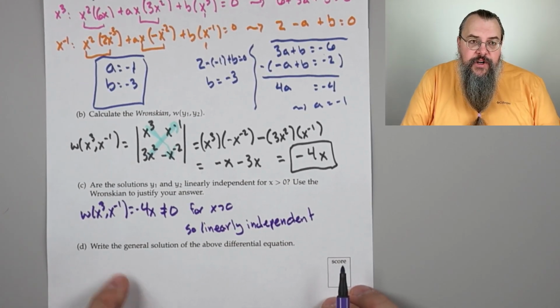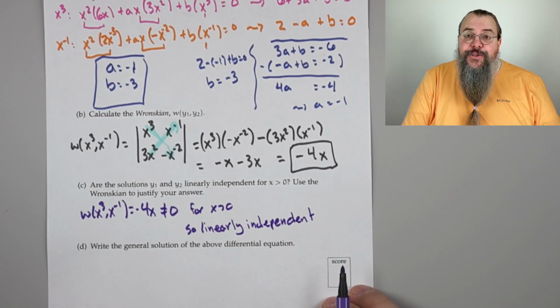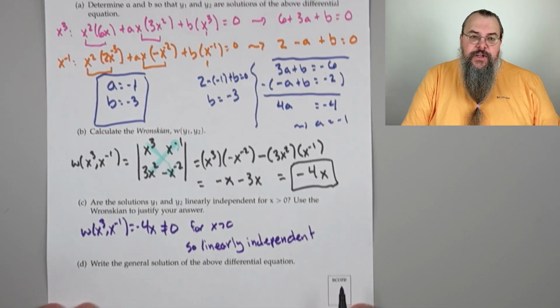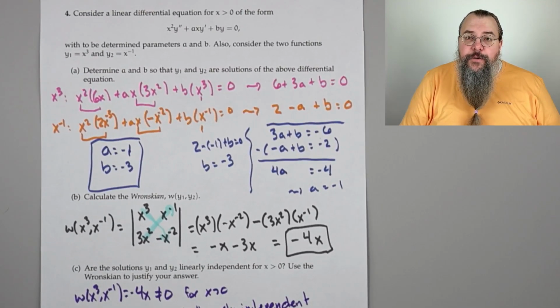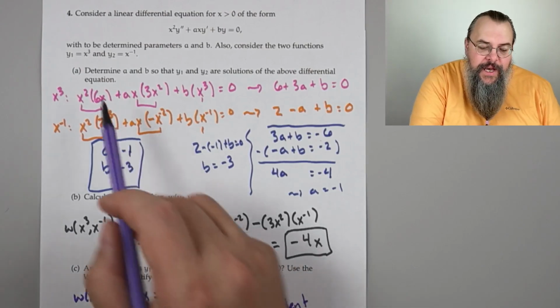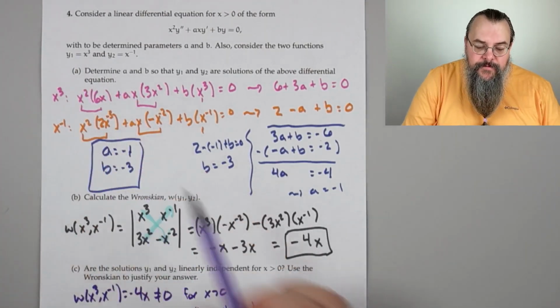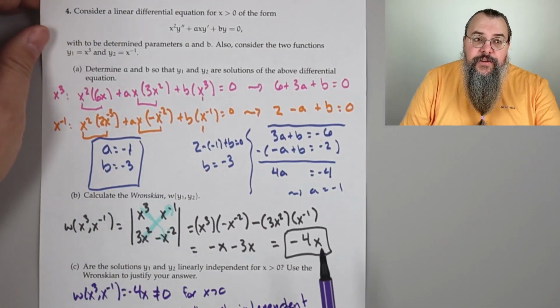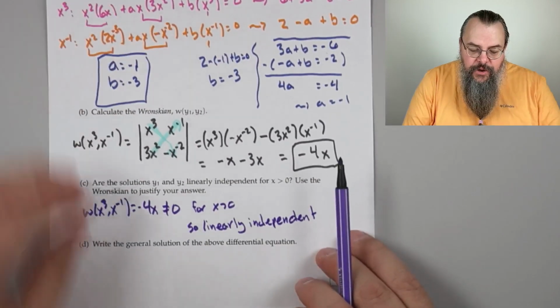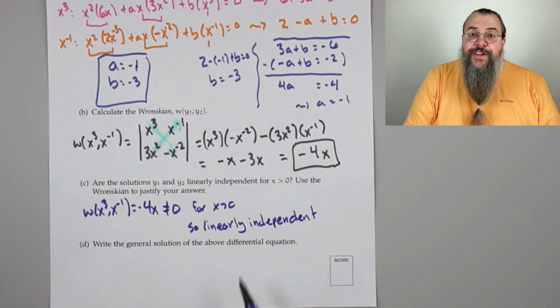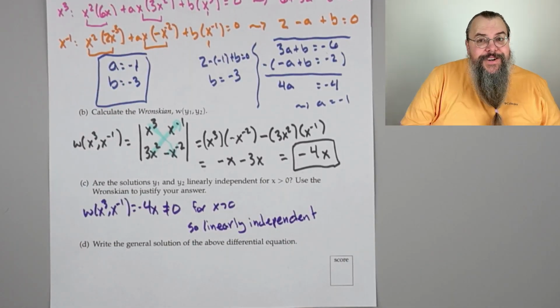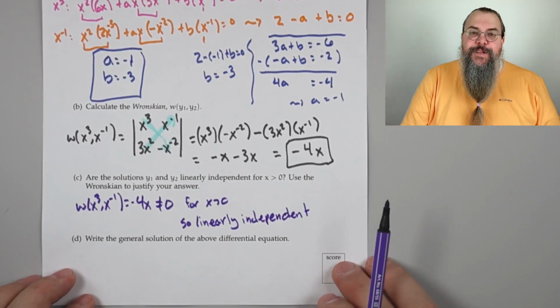Now, finally, part D. Write the general solution of the above differential equation. Now, it sounds like it's a lot of work, but we say, wait, we have two pieces. We know that these are solutions. We know that they're linearly independent. So it would be super if we could put them together.